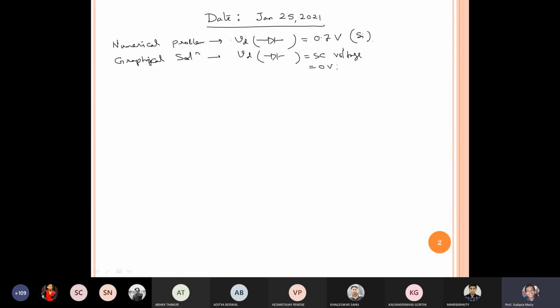We have to remember this whenever we solve a problem, whether using a numerical calculation or only a graphical solution, so we have to identify what voltage has to be taken.